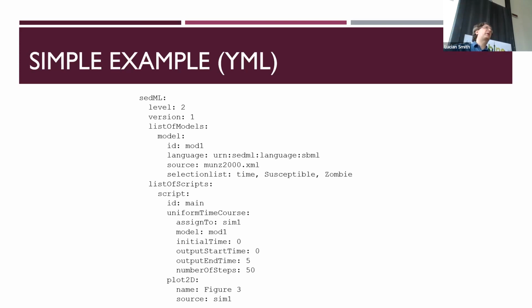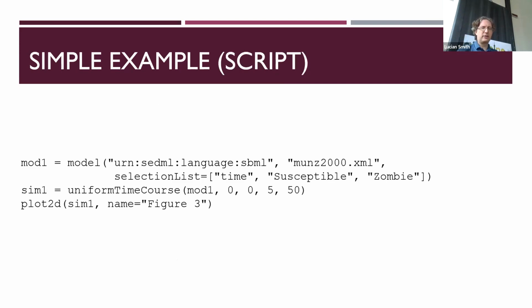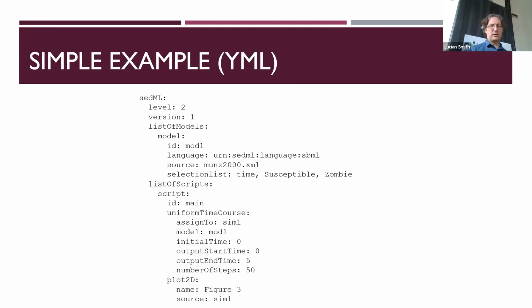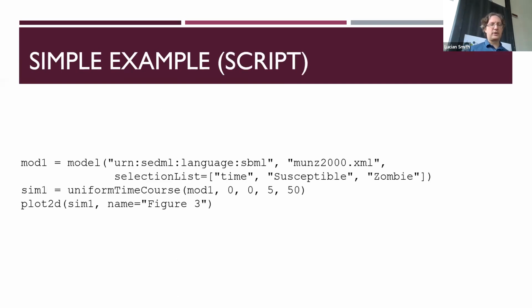I see it as a property of the model, so I put it in the model. It could be put elsewhere, and it can be set elsewhere also. I don't think I have any specific examples on that, but you can imagine in your script form, sim1 equals this, and then you say mod1 dot set selection list, a new string, then sim2 equals simulate, and it collects new data.